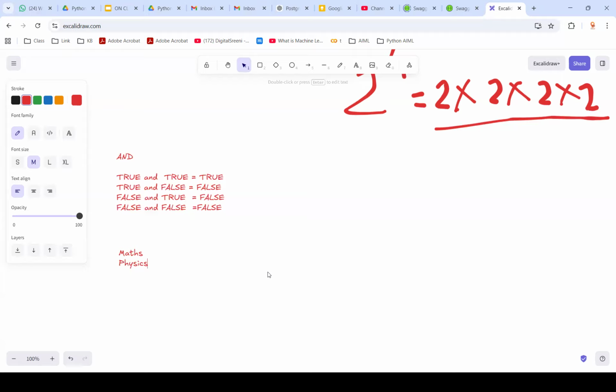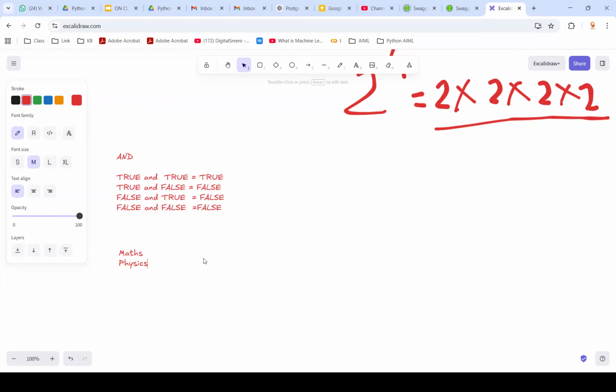The total marks for each paper is 100, and the passing marks is let's suppose 40%. Out of 100, if anyone gets 40 or above, then that person is considered pass, otherwise fail.